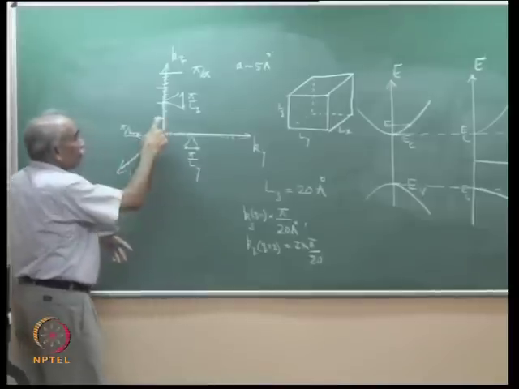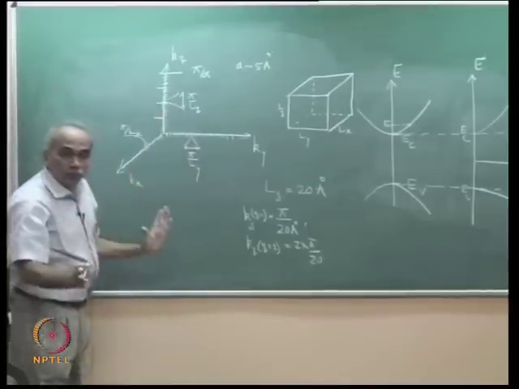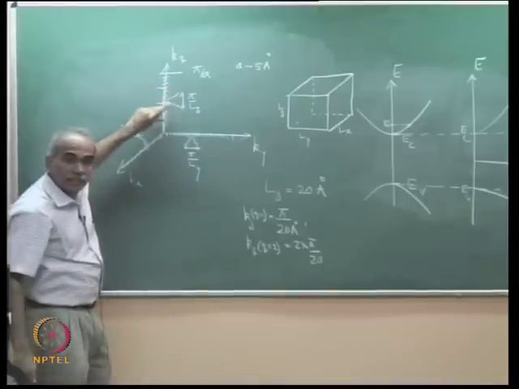The number of permitted values of Kz are just 4. From 1 million, it has come down to 4.